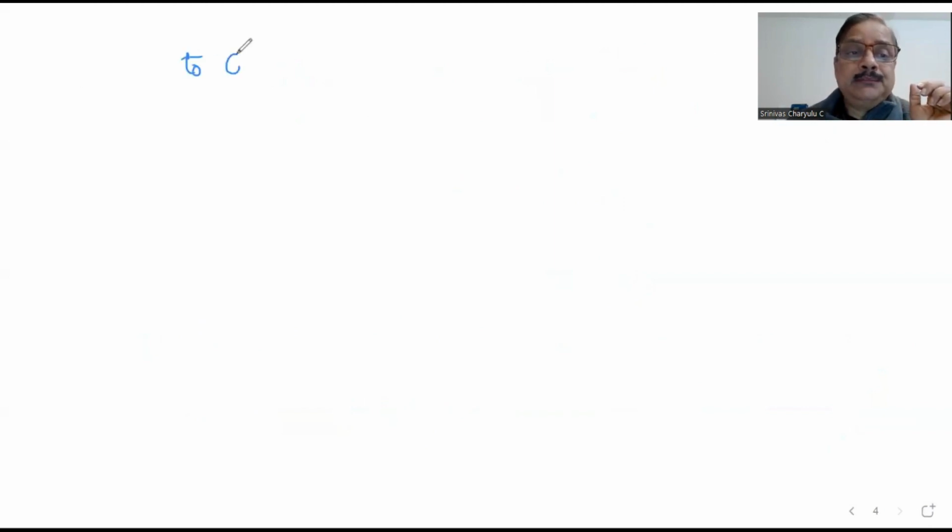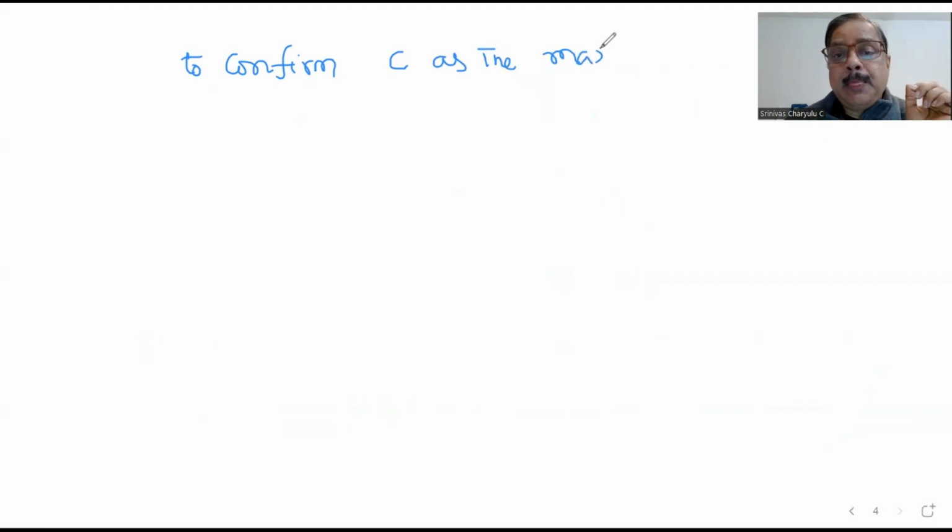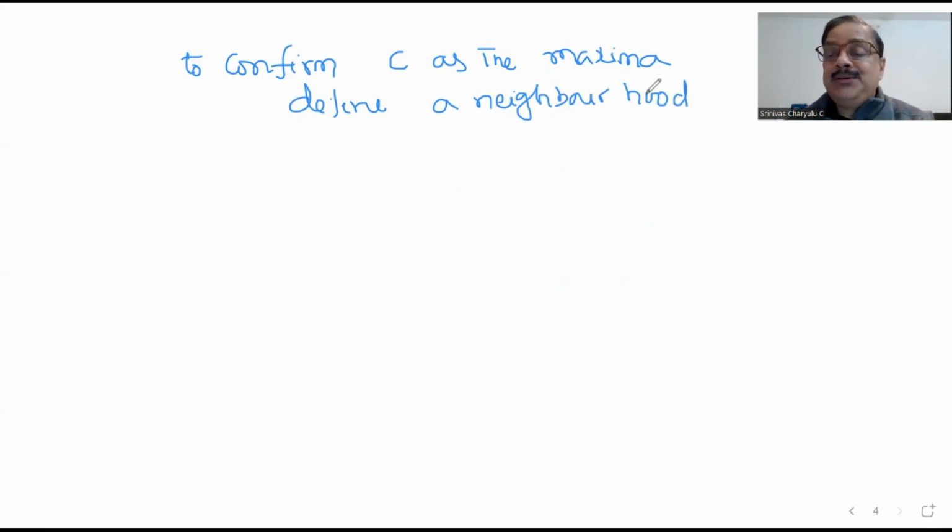To confirm c as the maxima, this is a very important point, I define a neighborhood, as we have already done in the previous sums. 0 to pi by 6, pi by 6 to pi, like that we divided the interval. Here also, to confirm c as the maxima, define a neighborhood around c.